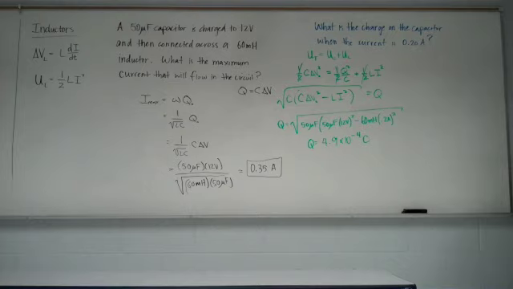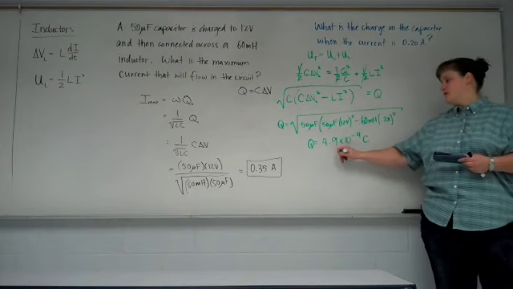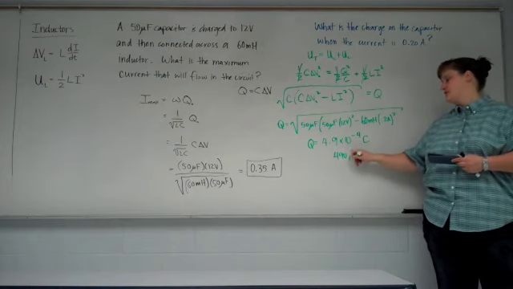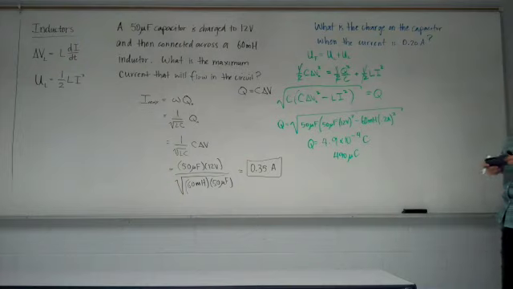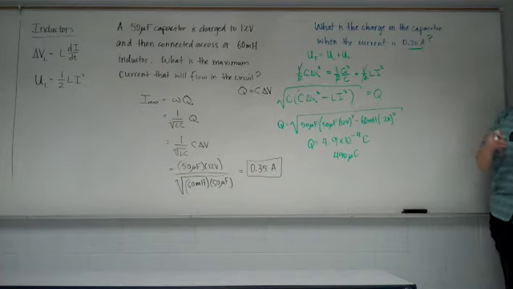So the charge on our capacitor is 4.9 times 10 to the negative 4 coulombs, or if you want, 490 microcoulombs. That's the amount of charge the capacitor has stored on its plates when the current is 0.2 amps.